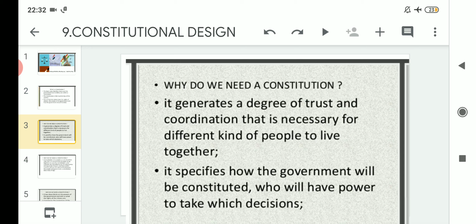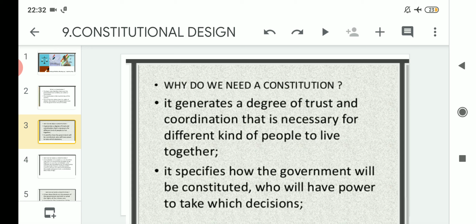In a country like India, if there is a constitution, it will firstly generate the trust that is needed and also the coordination. If we are from various religions like Hindus, Muslims, Sikhs, Christians, first of all it will generate trust.